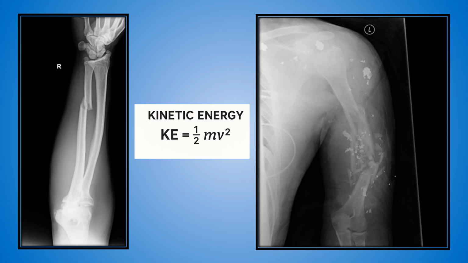On the right side, we have a missile injury. There is a huge difference in the velocity when we use our hands and when we use a pistol or a K-19 rifle or DHK, or what is known in Sudan as Doshka.